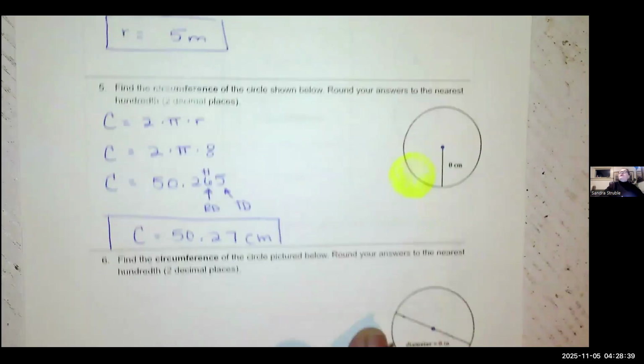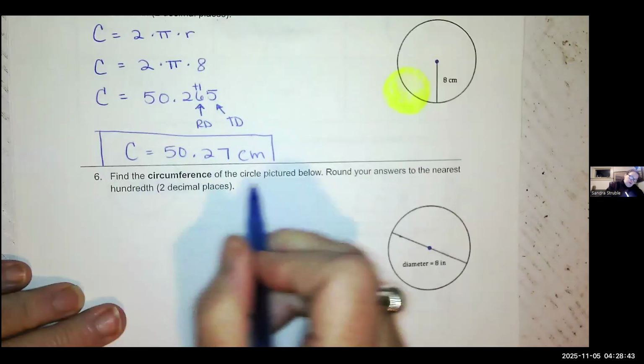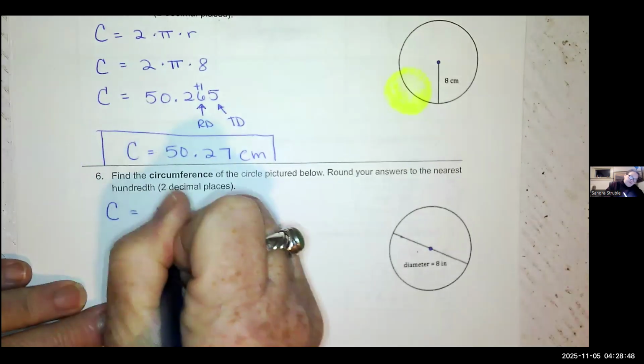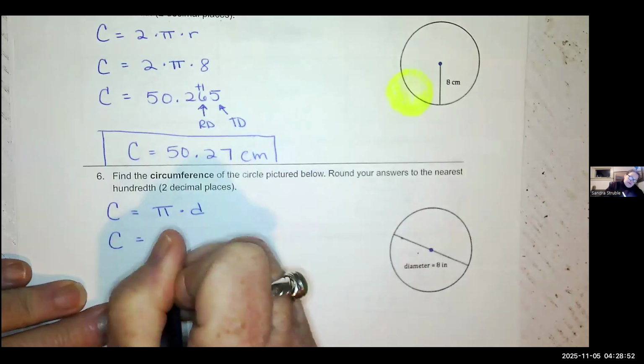Now we've got finding the circumference with a diameter. With this one, we can use pi times the diameter. So pi times 8 again.